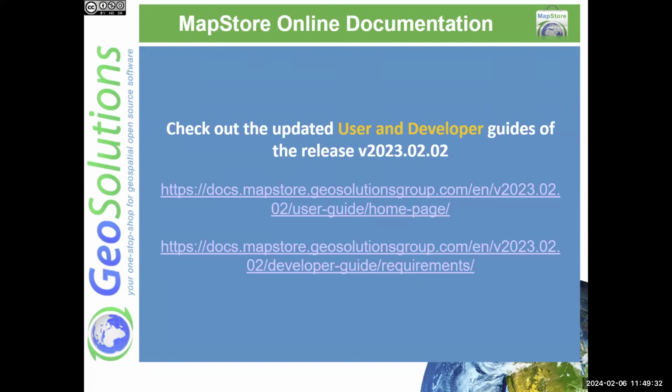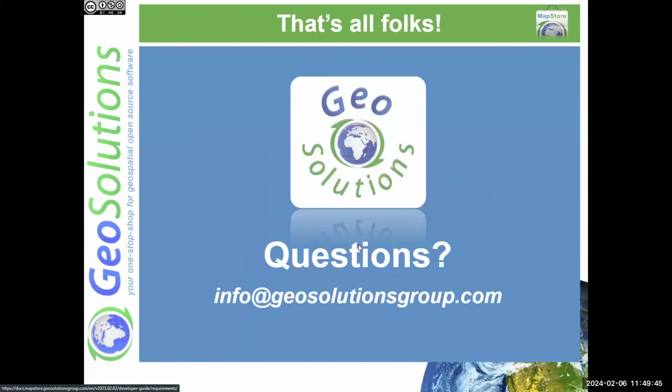We are documenting there how you can update your project to benefit from the latest plugin improvements and bug fixes. This is all related to the work done on the 2023.02 release and the ongoing work. Now I think we can proceed with questions if there are some of them.